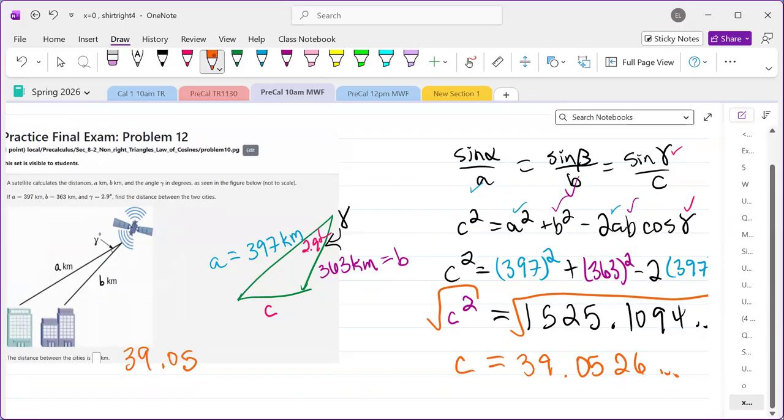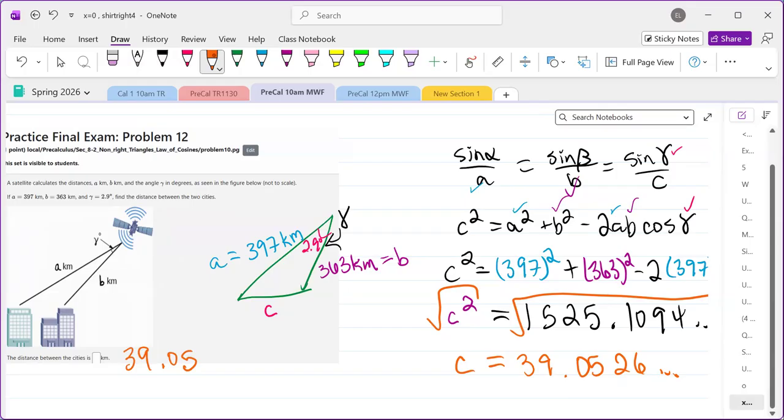And if we look at the triangle, 39 seems pretty small, but I look at that 2.9 degrees, that also seems really small. So 2.9 degrees is a very tiny angle. The side opposite that should be very tiny. So even though 39 feels very small, it's going with a very small angle. So this is okay.